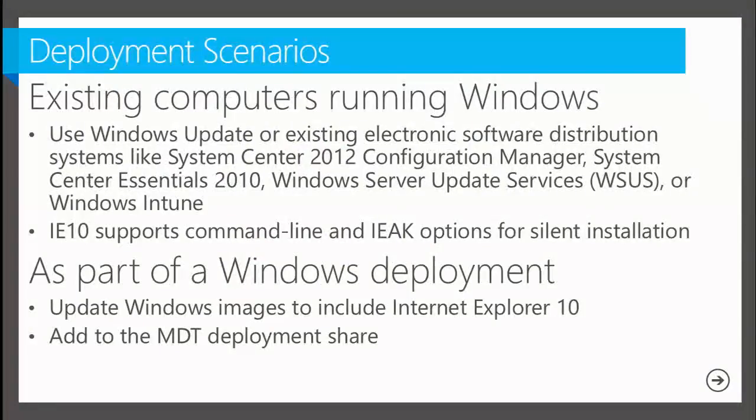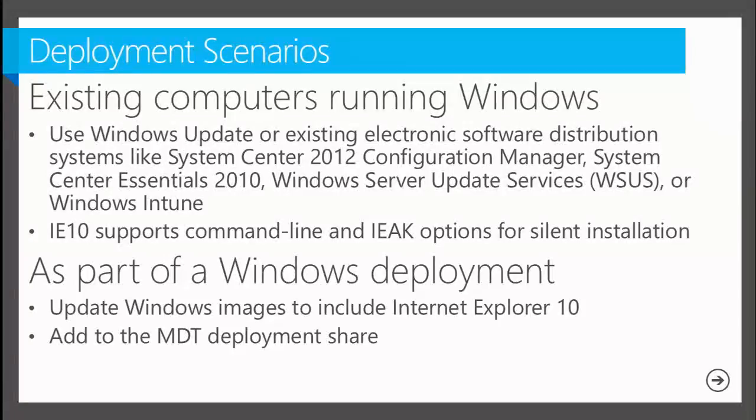There are two primary scenarios that we run into. One is obviously you have an existing computer running Windows and you want to upgrade that computer. In this case, it might be Windows 7. It could be Windows 8. For IE 10 at least, we don't support Vista or XP or other operating systems. But specifically for Windows 7 or for Windows 8, updating the settings or changing the configuration of Internet Explorer, you can create packages for that, as I showed you.